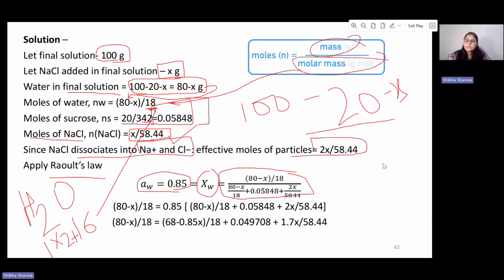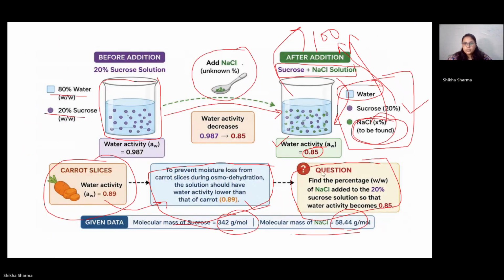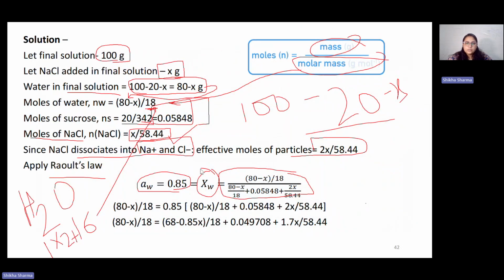So we were discussing this question, right? So water activity is equal to 0.85 of the final solution, which is equal to mole fraction, which is XW. This is for water. So what are the moles of the water divided by the total moles, right?